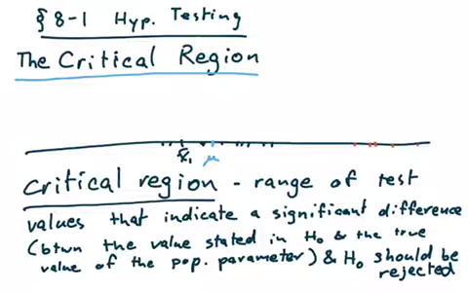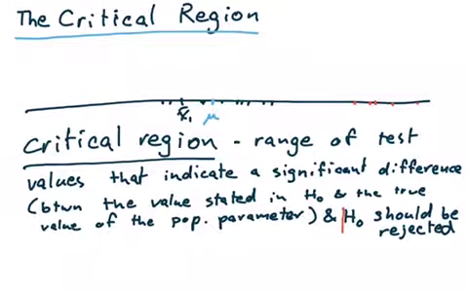So we take a sample and then we calculate the correct statistical test value, and that numerical value will tell us whether it is in this range of values. Then that indicates that there is a significant difference between the value stated in H subscript 0 and the true value of the population parameter, and that H subscript 0 should be rejected.